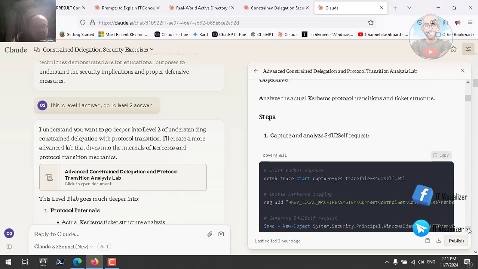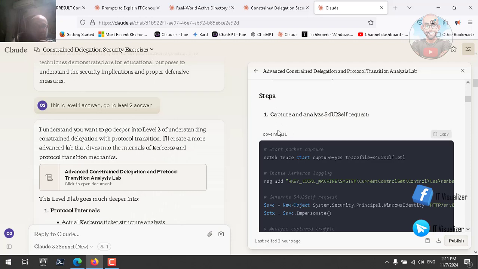Here I think we are using Wireshark, or no, I think we are working from PowerShell maybe. Netsh trace start capture. I think this is maybe through Wireshark or through PowerShell. Now we have enable Kerberos logging through the registry.